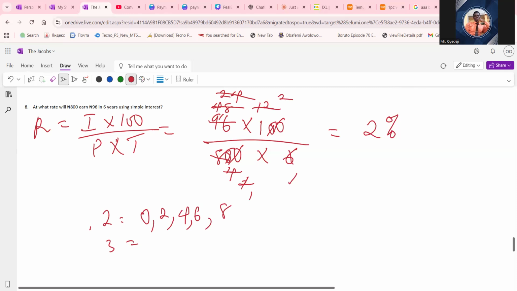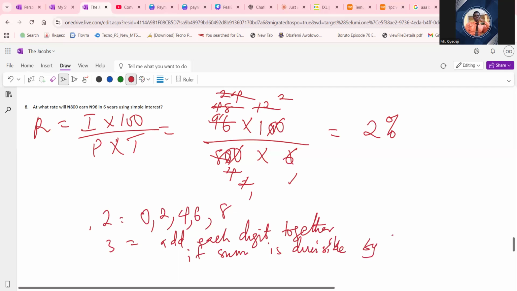Add each digit together. If the sum is divisible by 3, the number is divisible also by 3.